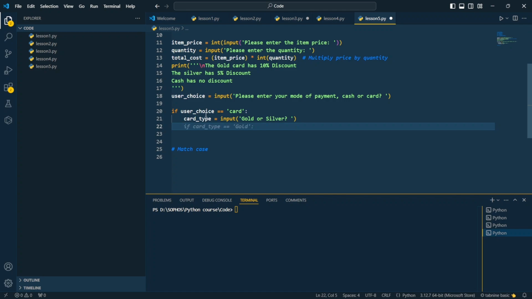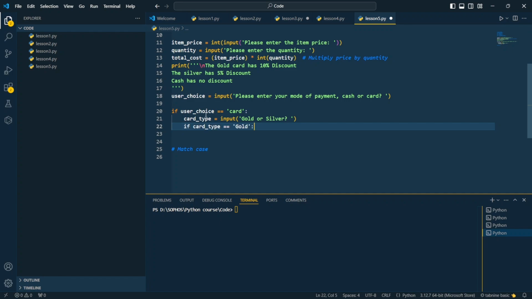Now I would initiate another if statement inside the if statement. This is called a nested if statement. What I'm doing is checking again. I have checked one condition, whether the user has chosen the card. If he has chosen the card, then I check whether the card is gold or silver.